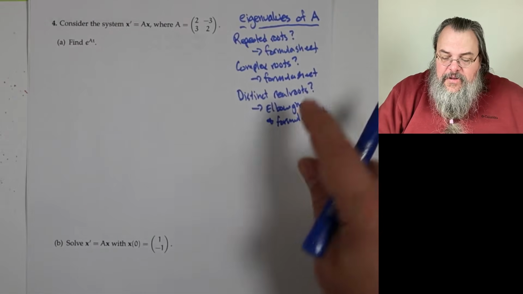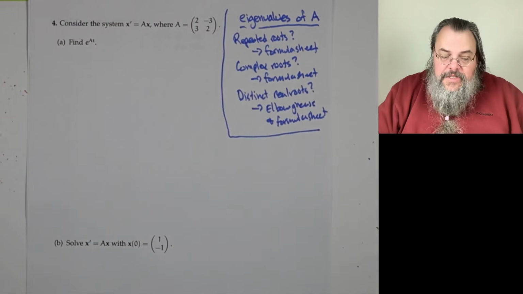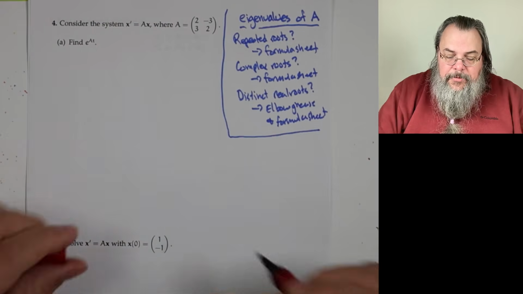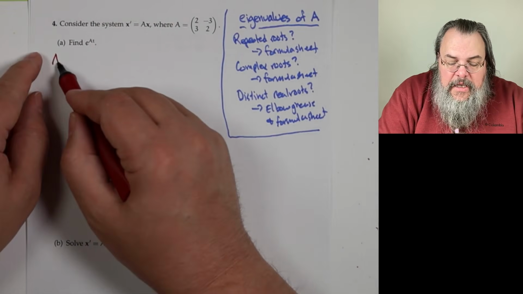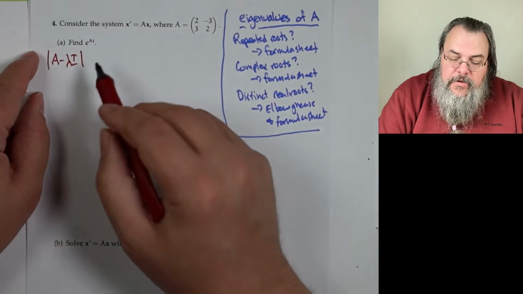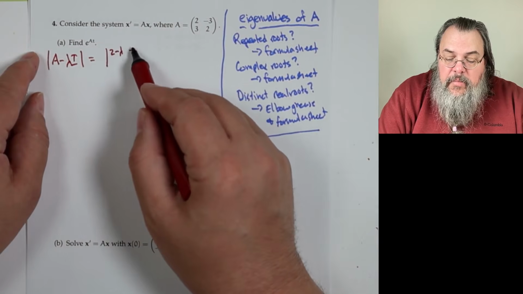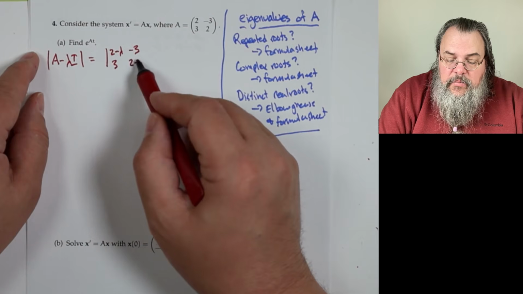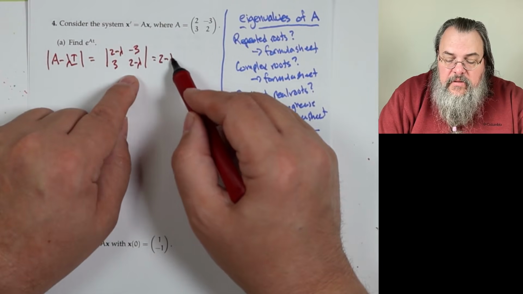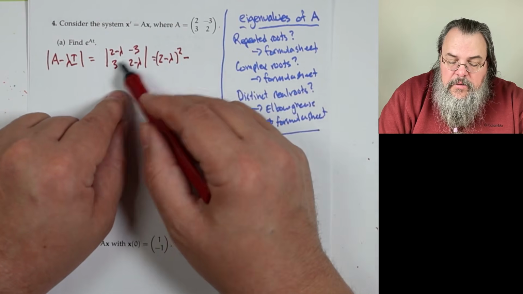Now, the elbow grease is finding your eigenvectors. That's the elbow grease. Now, I don't know which situation we're in right now. Let's find out. So here we go. We're going to take A minus lambda I and take that 2 by 2 determinant, 2 by 2 because this is 2 by 2. So that's the determinant of 2 minus lambda, minus 3, 3, 2 minus lambda. Well, that becomes 2 minus lambda quantity squared, minus minus 9.